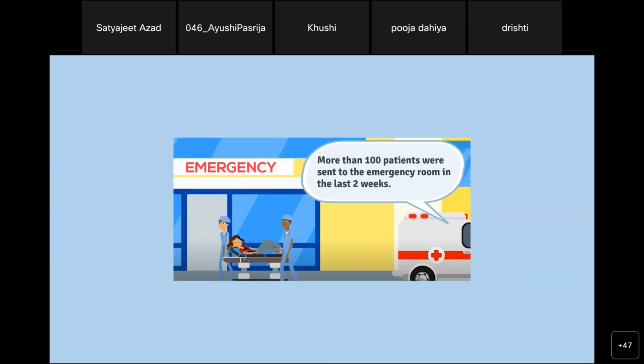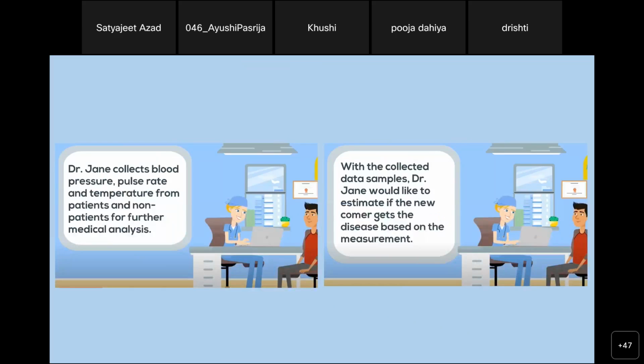So let's say XYZ hospital had the data of 100 patients, with blood pressure, pulse rate, and temperature, over 2 weeks. Let's say the doctor has collected blood pressure, pulse rate, and temperature from the patients and non-patients for further medical analysis.